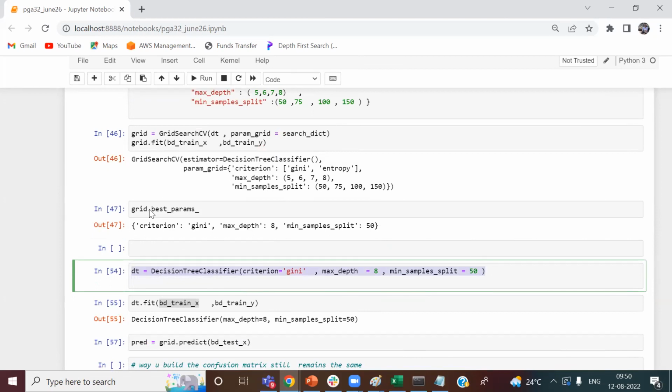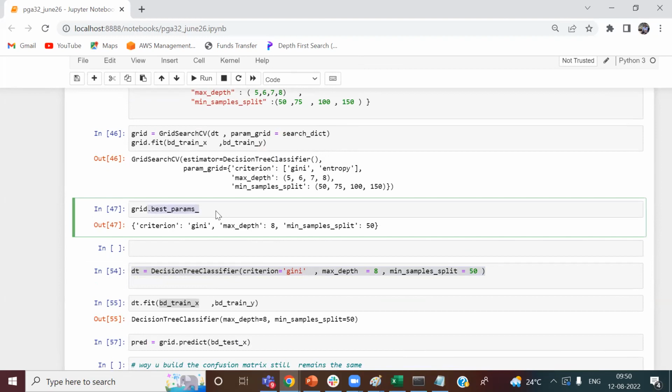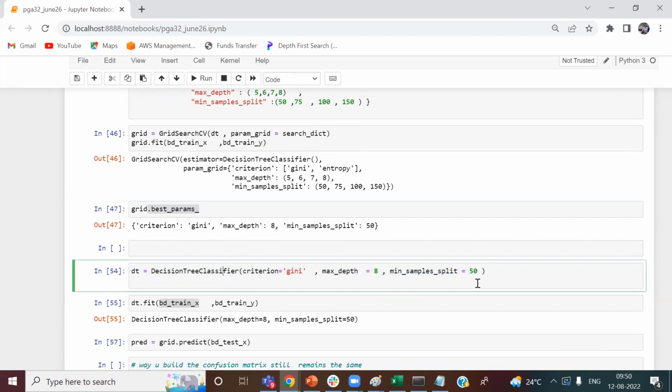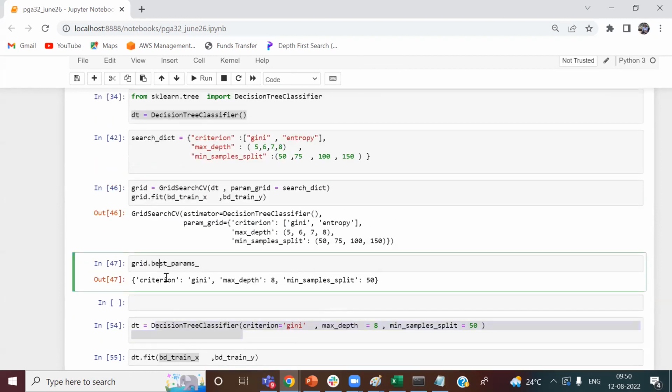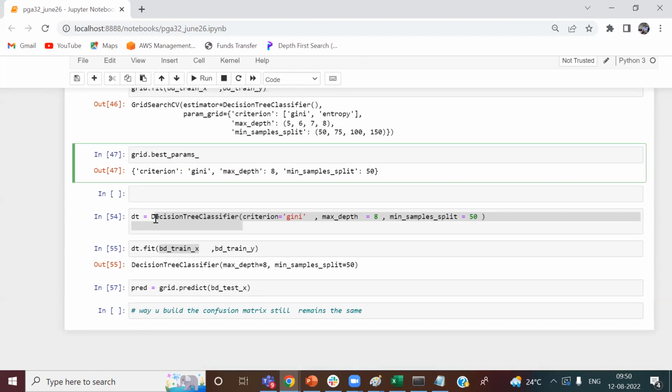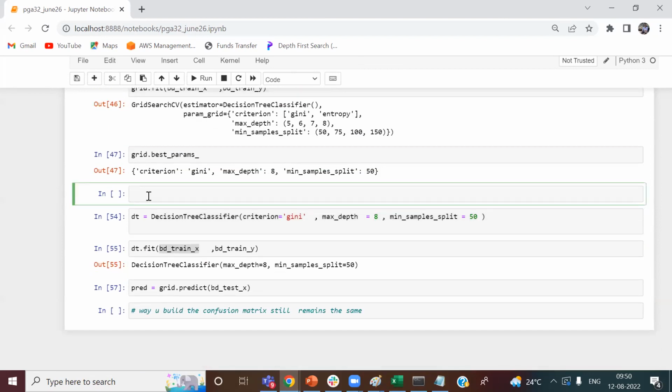So after doing your grid search, you will get the best parameters. If you want, you can build your tree using the best parameters. Otherwise, you directly say grid.predict. It will do the prediction based upon the best parameters only. अगर तुम्हें मन है फिर भी अगर कस्टमर को शो करना है कि this was the best parameter and I build it separately, then you go ahead and do it.